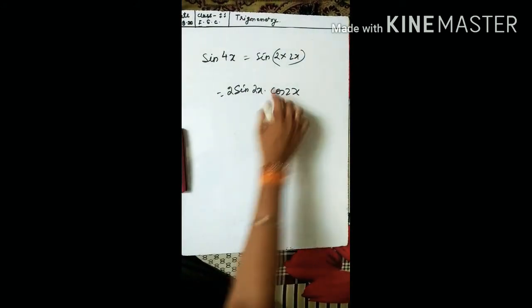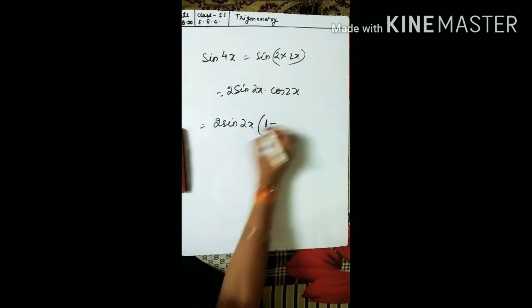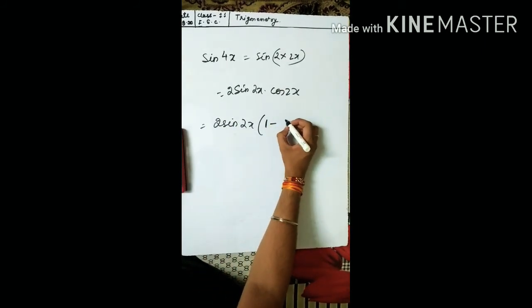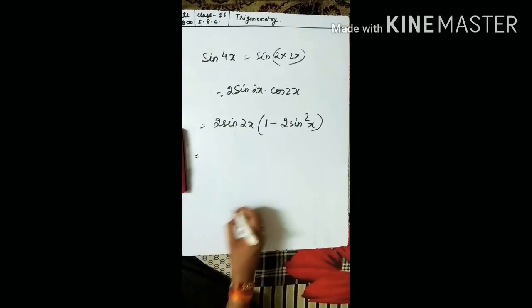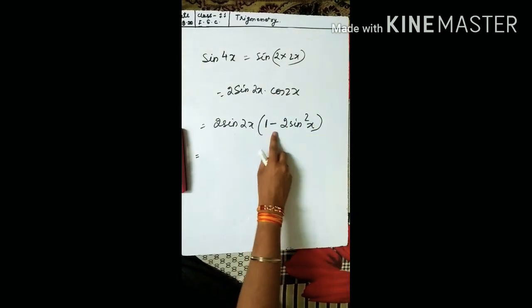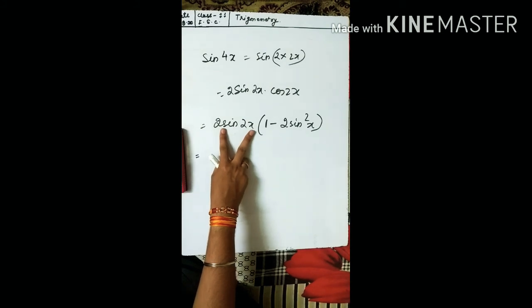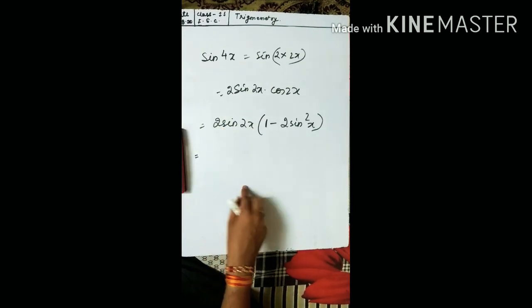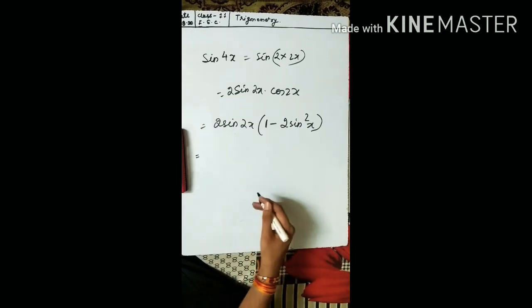Now this cos 2x, can you replace it with 1 minus 2 sine square x, right? So we have replaced cos 2x as 1 minus 2 sine square x. Now again you can replace this sine 2x with 2 sine x cos x, and then just keep on solving it, you will get the answer.